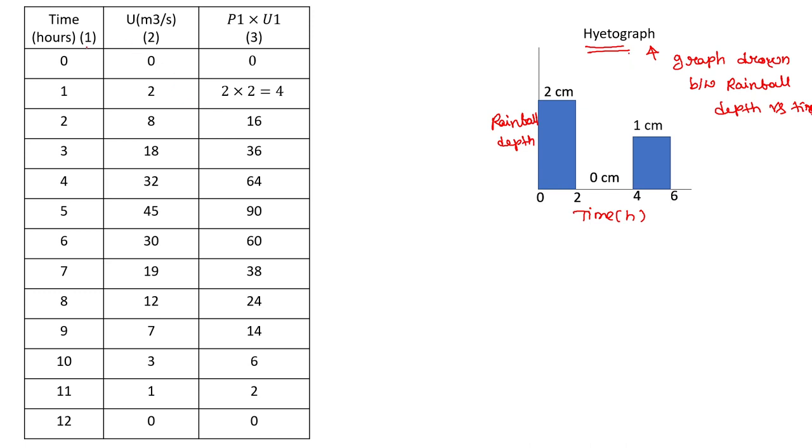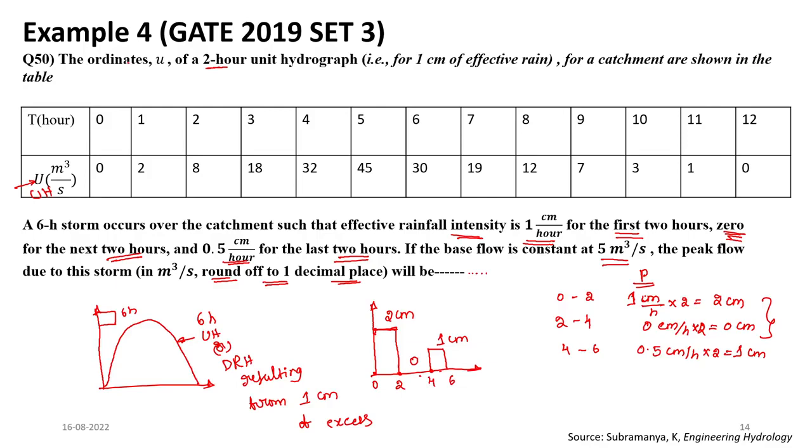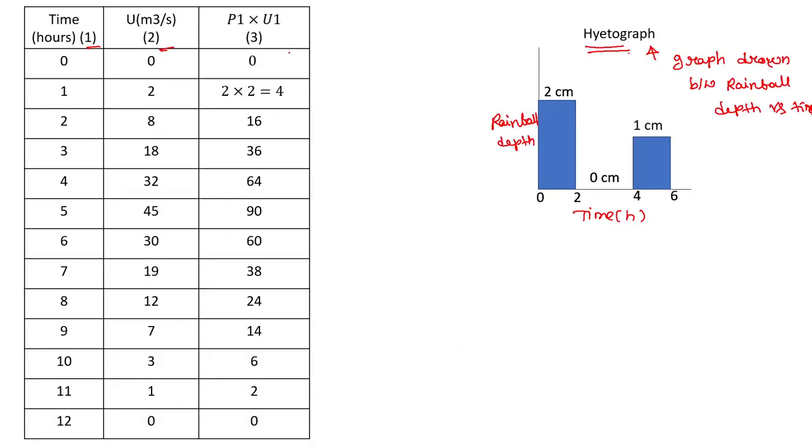Okay, so let's see. This is column 1 and column 2 is the given data. They have given the time and the corresponding ordinates. Look here, they have given the 2 hour unit hydrograph ordinates. Very first step, what we need to do? We need to multiply this 2 centimeter of excess rainfall to this hydrograph, so multiply column 2 into 2 centimeter.